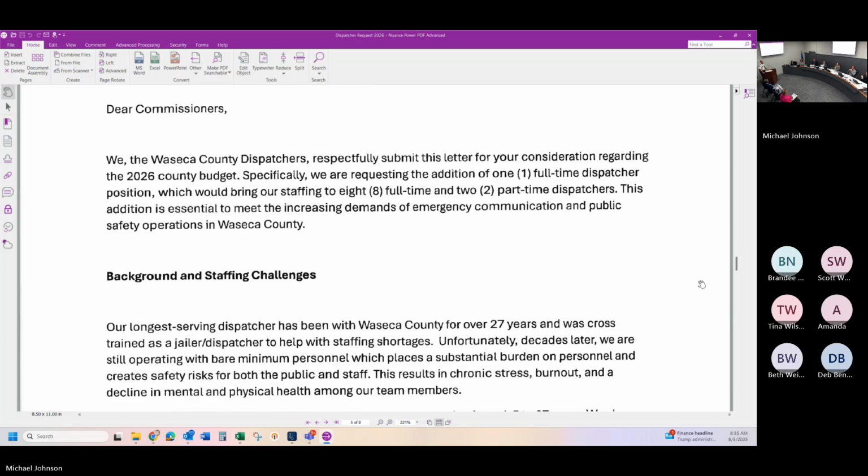But the majority of people today have to work full-time and usually pick up a secondary job, and then they're limited in their availability. So that was a concern that we had. Our 2 part-time dispatchers now currently have second jobs, and that limits their availability, which is a concern.